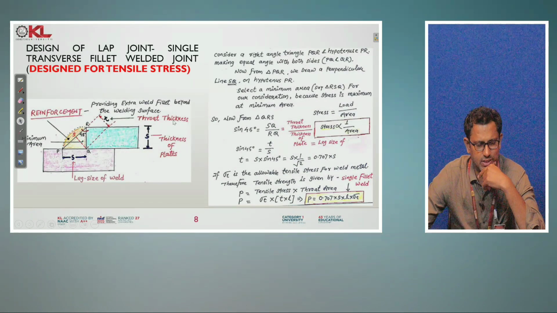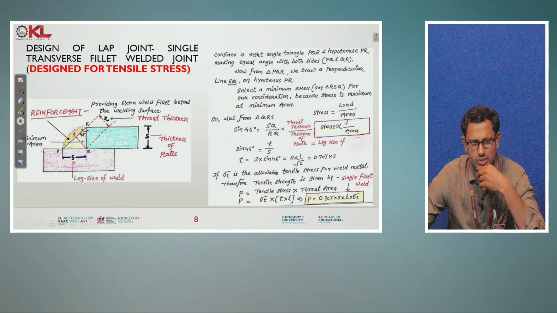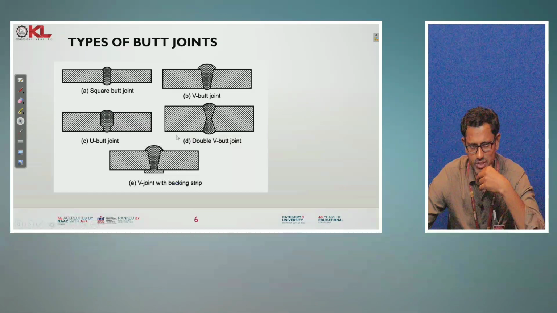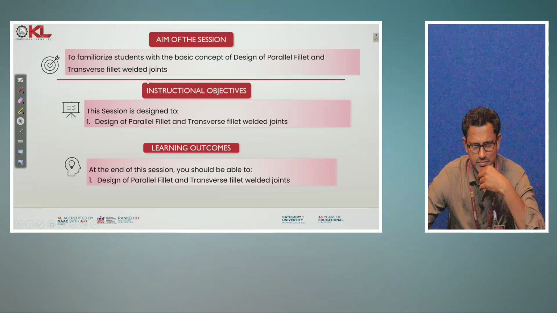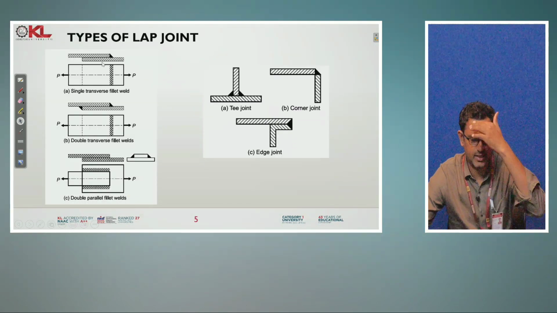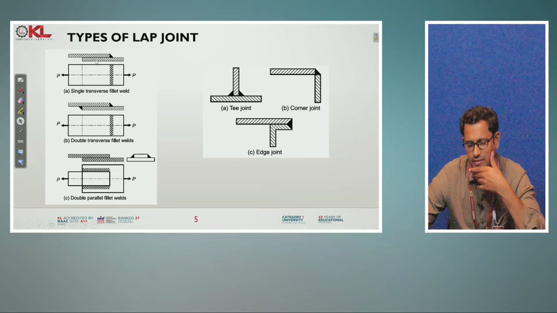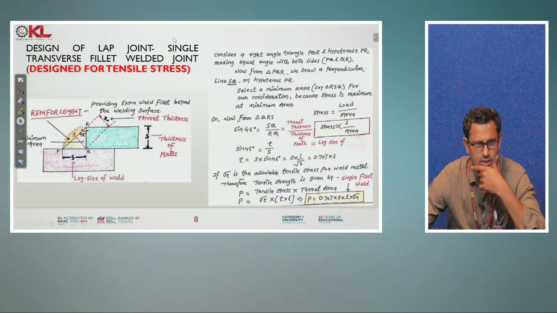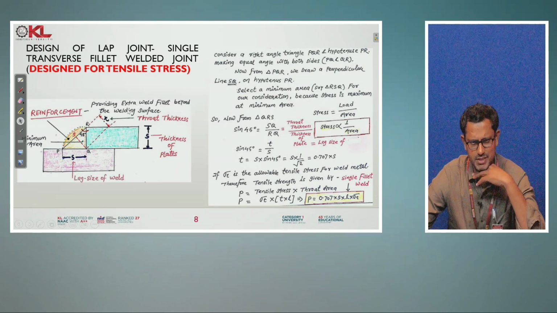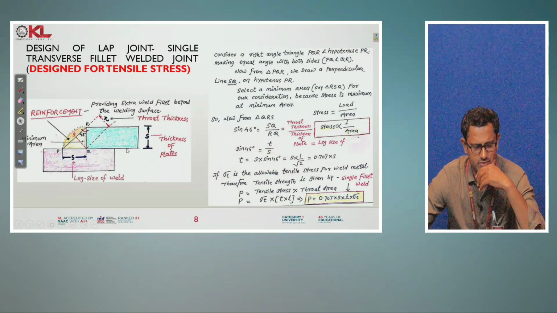So coming to the first classification, that is design of the lap joint subjected to single transverse fillet weld. Here you can see these are the two plates which are used to join.